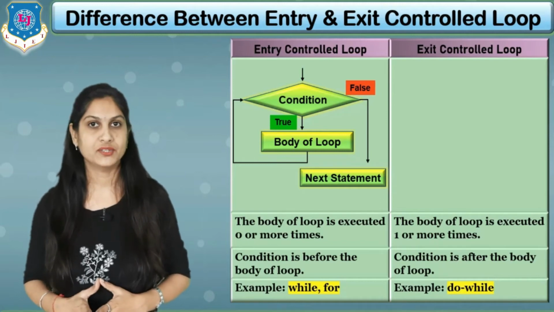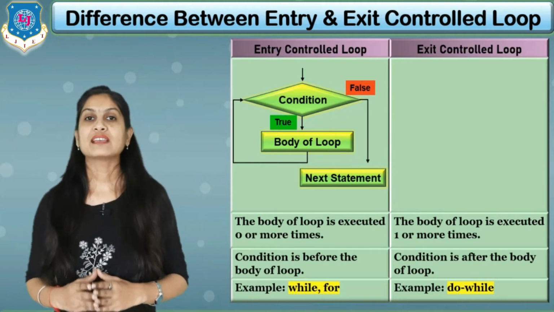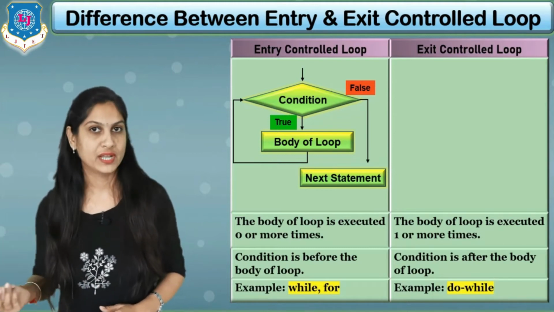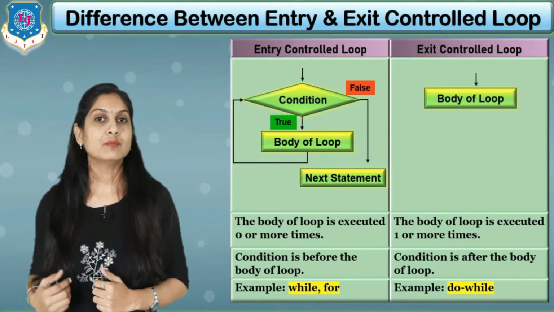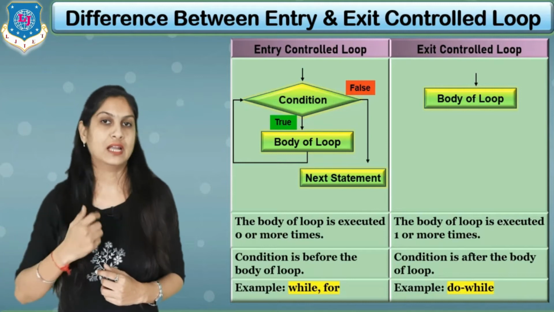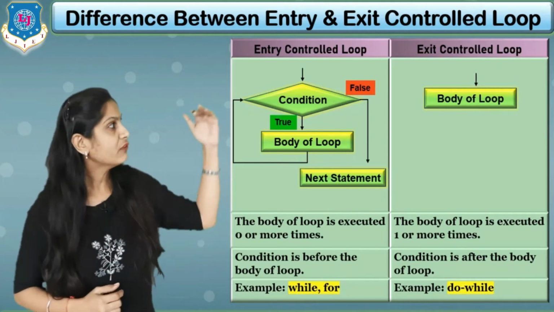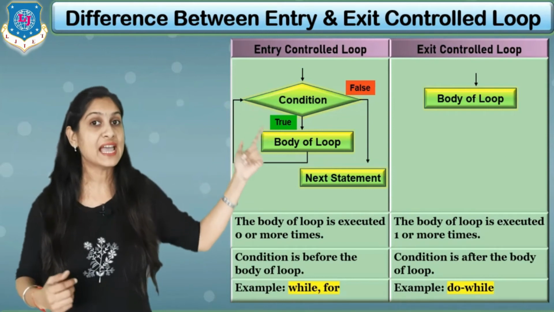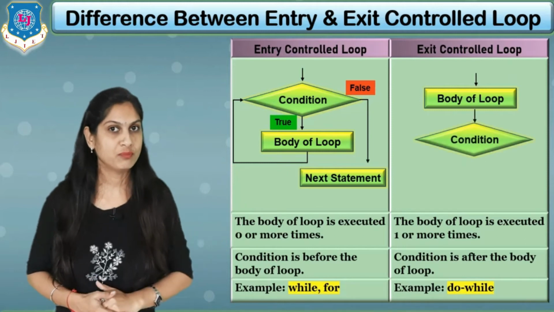Now in an exit control loop, the body of loop is executed 1 or more times. How? Understand with the diagram. It is an example of exit control. The body of loop is before the condition, so first we execute the body of loop. Whether the condition is true or false, we check after it. So the condition is after the body of loop.